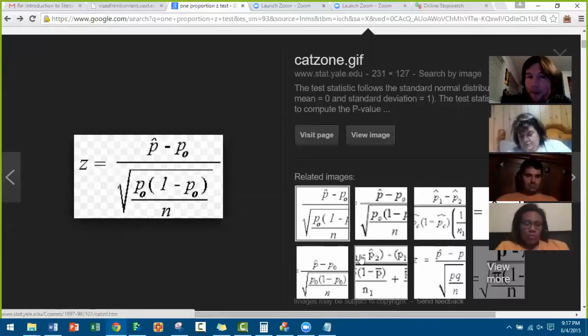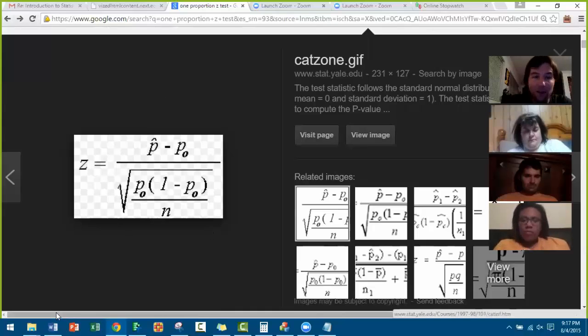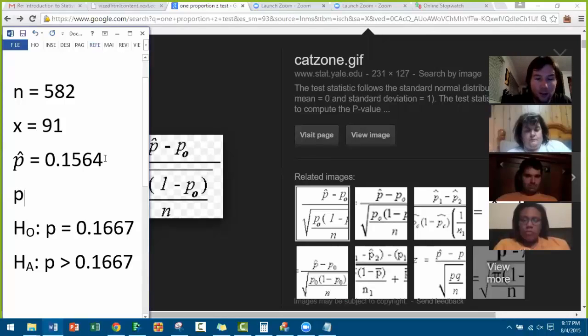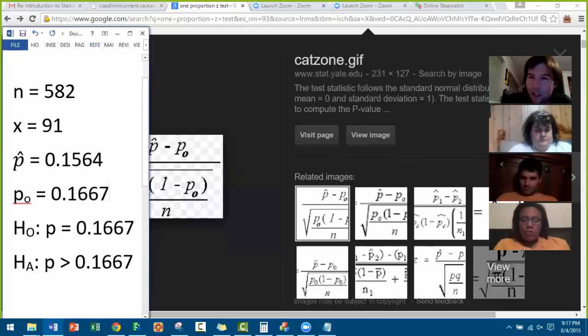If we were to check the conditions, this is actually based on P0. P0 is the null proportion. I actually didn't write that down in my notation. Shame on me. I should have written down here that P0 is the null proportion, which is 1/6. That's why we're testing 1/6 as a value.